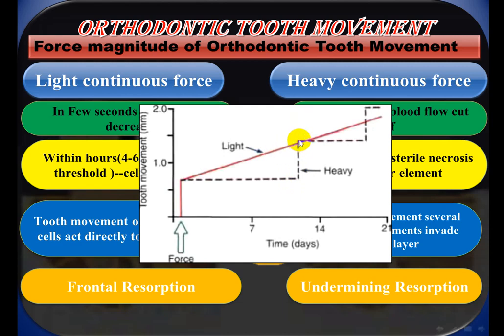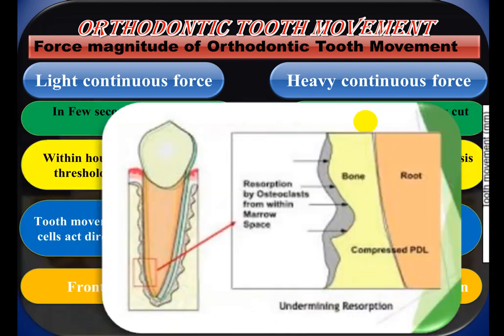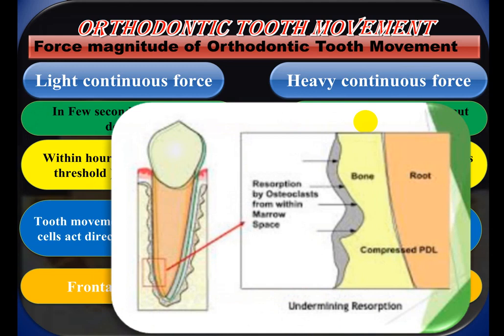Then, if the heavy force continues to be applied to the tooth, this procedure of undermining resorption will occur again with a lag phase continuing for several days without any movement. Then after the undermining resorption, the tooth will jump again to its new position, and so on. This diagram represents what happens in heavy continuous force.